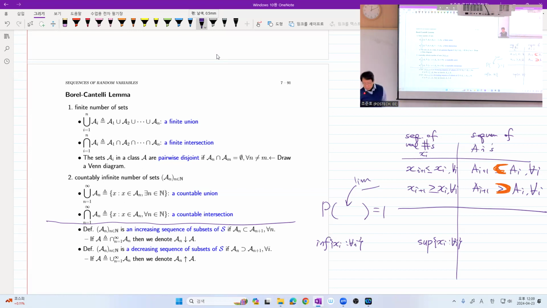And the interesting thing is this one. If you properly define an increasing sequence and a decreasing sequence, you have this relation.